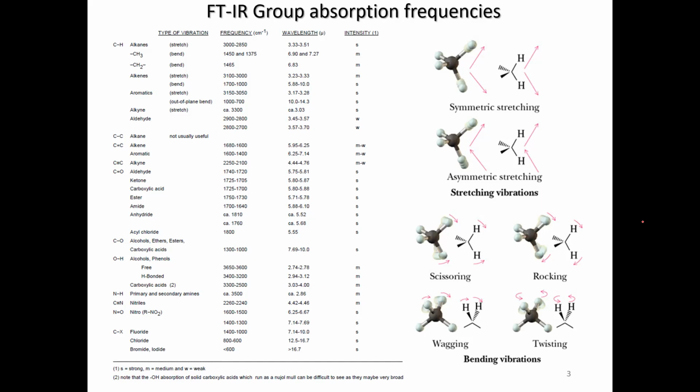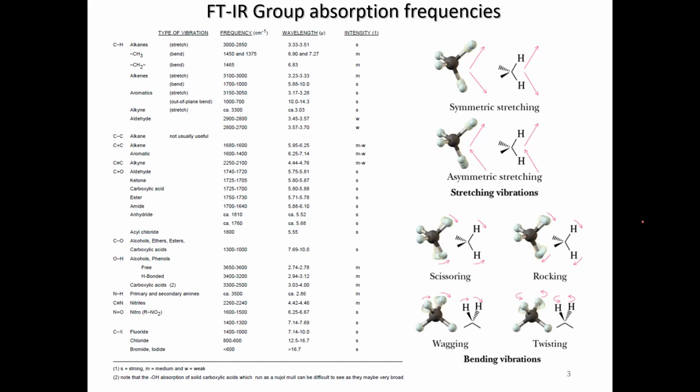Normally, both alkynes and nitriles are about 2,100 to 2,200. There is not much else in that region, so if you see a peak there, it might be very significant, okay?